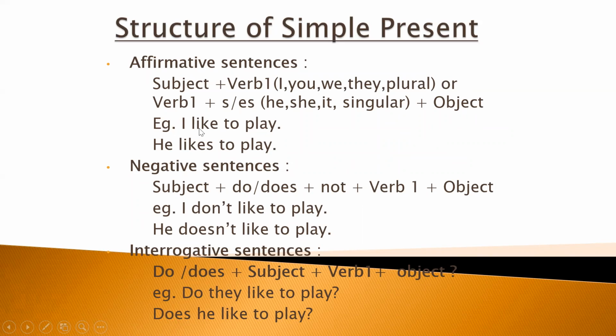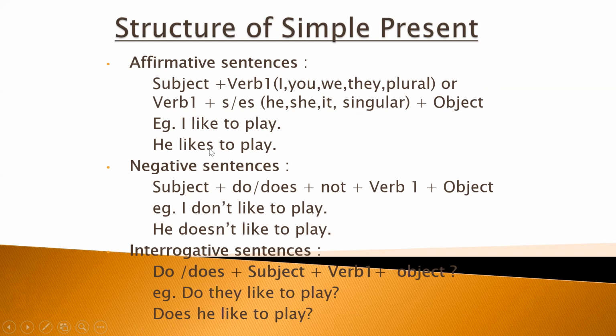Now let us see an example. I like to play. Here I is the subject, like is the first form of the verb and to play is object. Now here, as I said, if we have I as a subject, we will not add s or es with the verb. So it will be only the first form, like. But now see the next example, if the subject is he, then it will be likes.